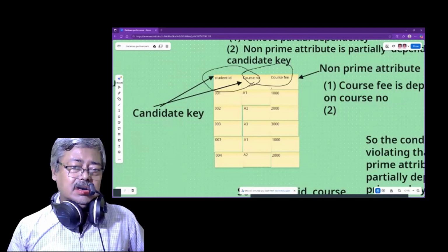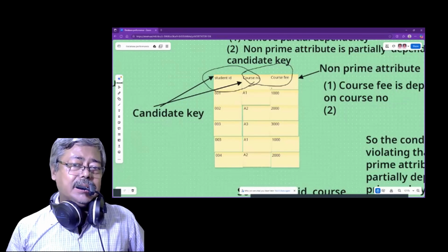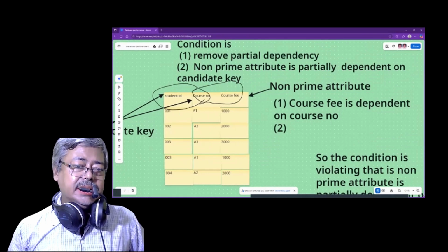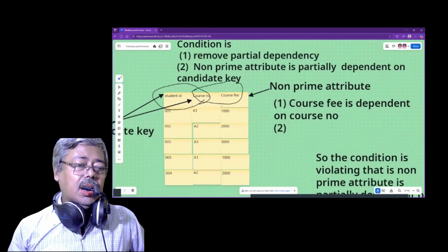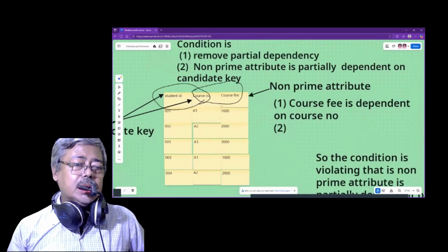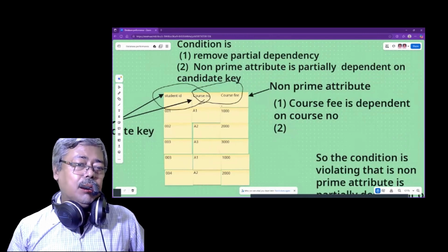But this is the problem at the second normal form: the non-prime attribute, here course fee, is partially dependent on the candidate key. That is, course fee is dependent on only part of the candidate key, that is course number, where student ID and course number is a composite candidate key. So the non-prime attribute is partially dependent on the candidate key, and that is the violation at the second normal form.